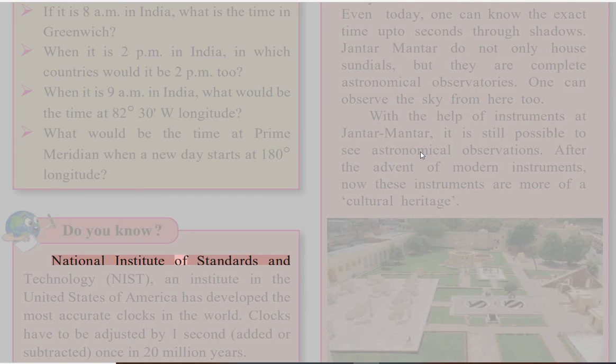National Institute of Standards and Technology, NIST, an institute in the United States of America, has developed the most accurate clocks in the world. Clocks have to be adjusted by 1 second, added or subtracted, once in 20 million years.